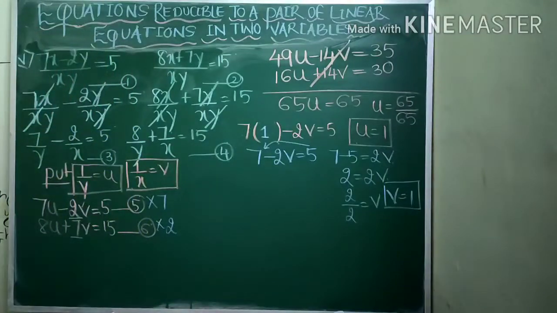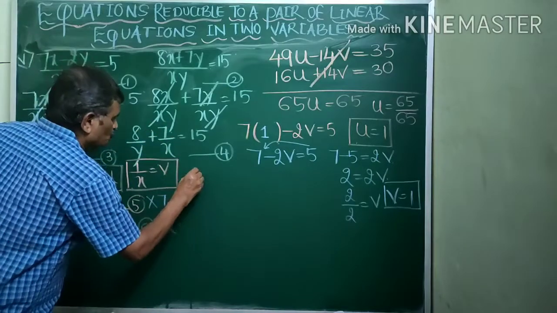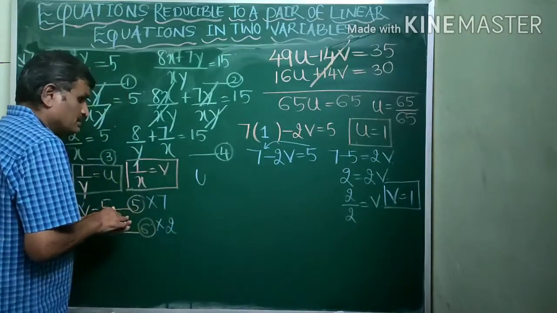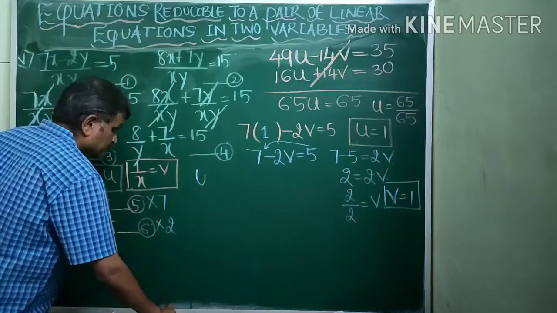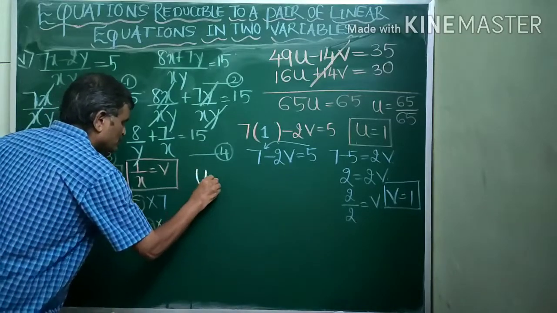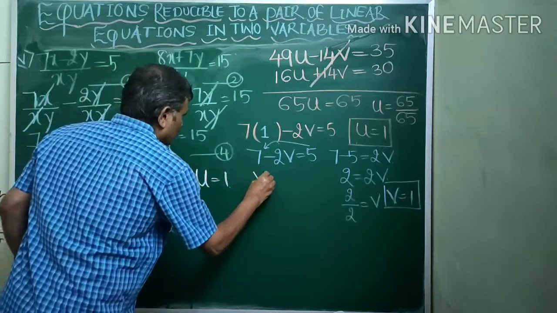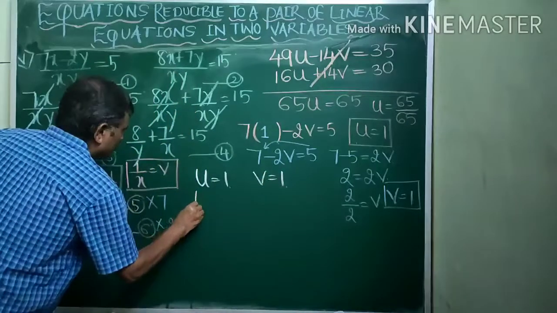Again the same question. Sir, we want the value of x and y. You have given us the value of u and v. Yes, I know that. I am going to come to that point now. See here, u is equal to 1 and v is equal to 1. Here again I will re-put.